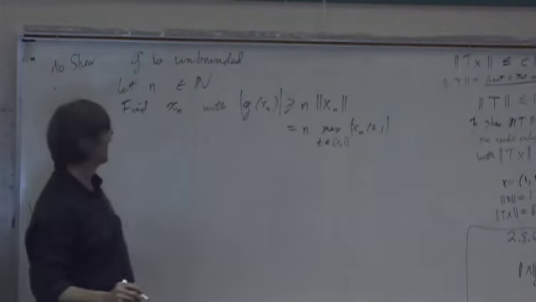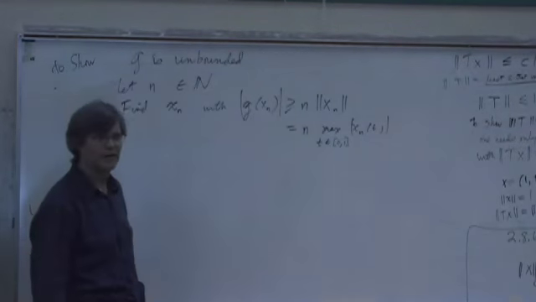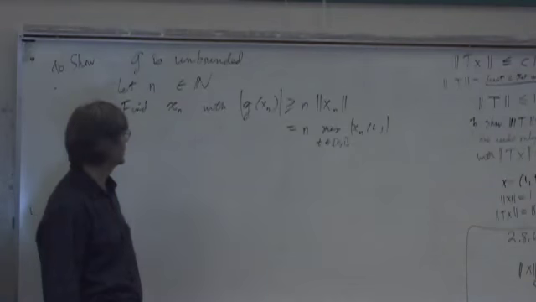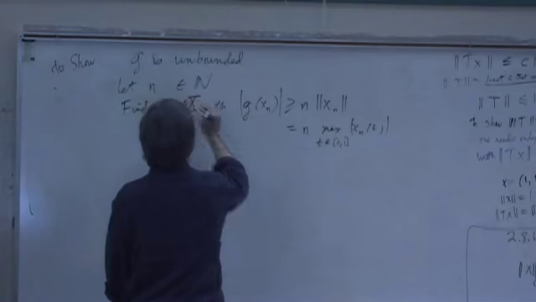So G of xn is just a real number. So you have to find a continuously differentiable function. So find xn in this X. So it's got to be continuously differentiable.